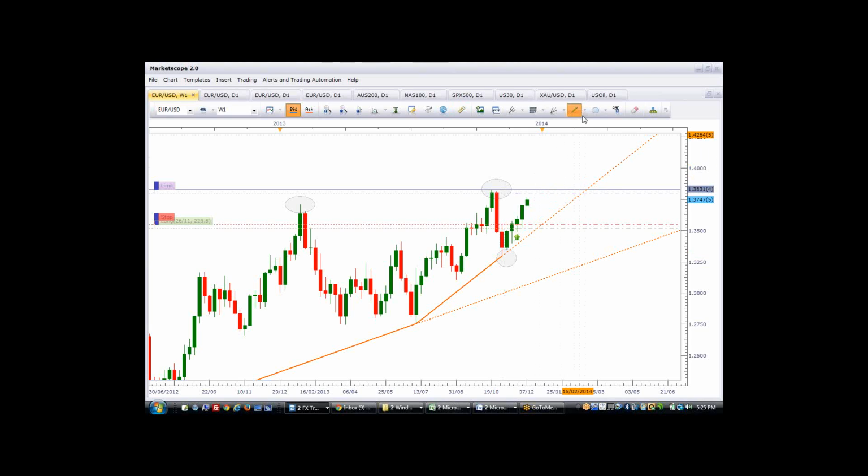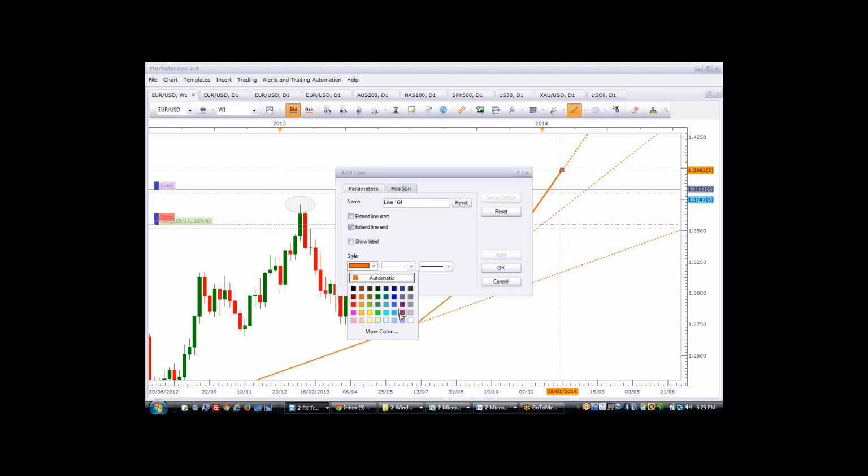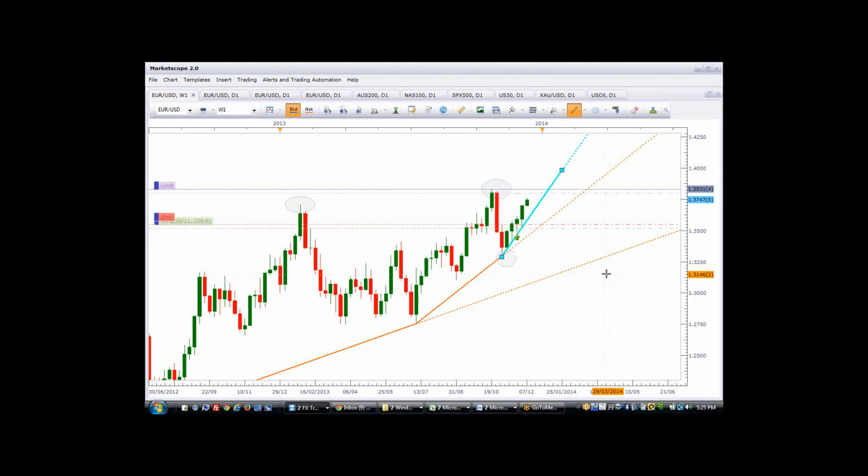So if we draw this, about 140, it's quite steep. I'll use blue. And then it may also retrace a little bit, about 500 pips. So we'll draw that too.